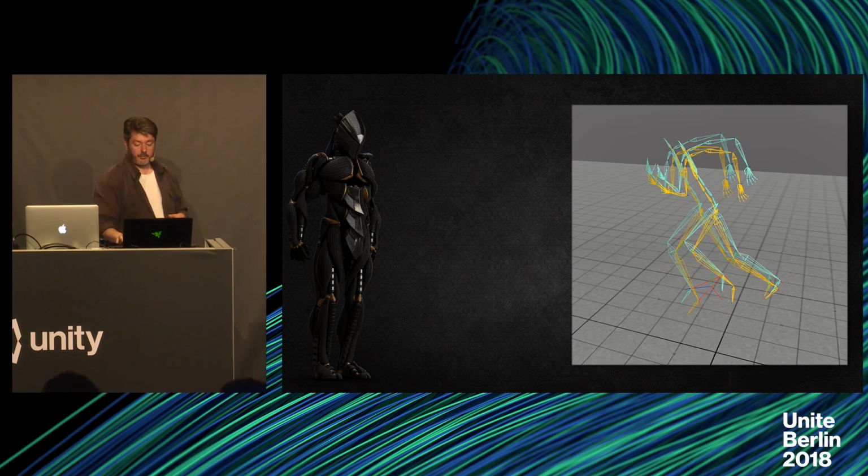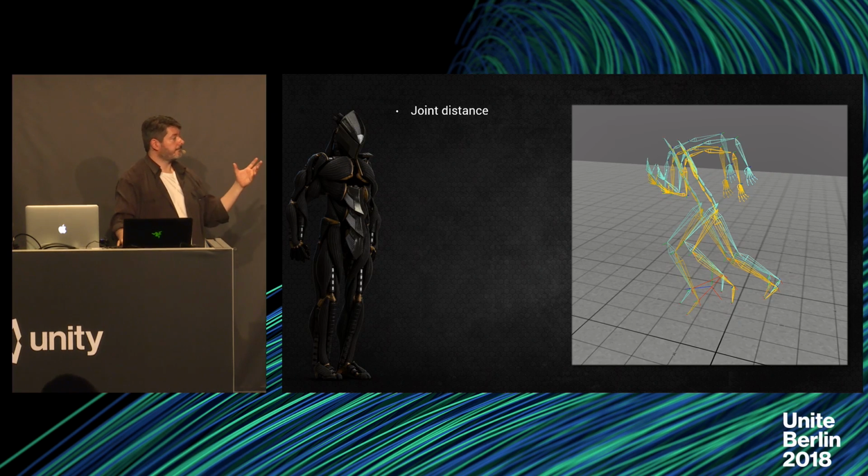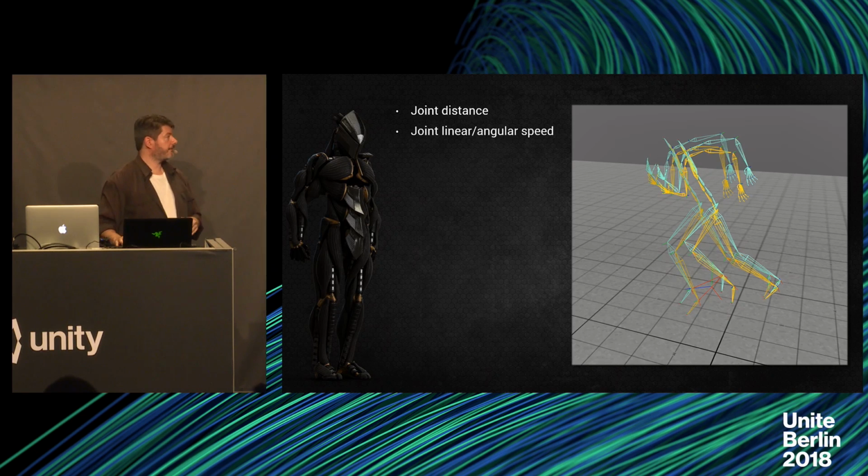And we use several characteristics. For example, obviously the joint distance needs to be rather small. When we leave one animation stream and transition into a different one, we don't want one joint to be 1 meter apart. We use linear and angular speed, so how long are those lines?